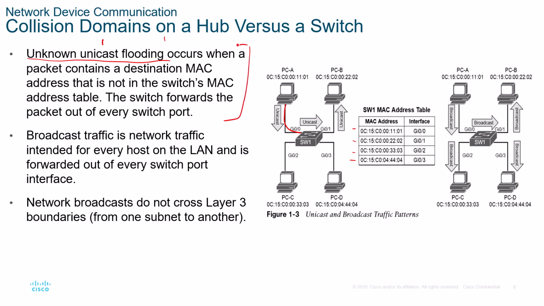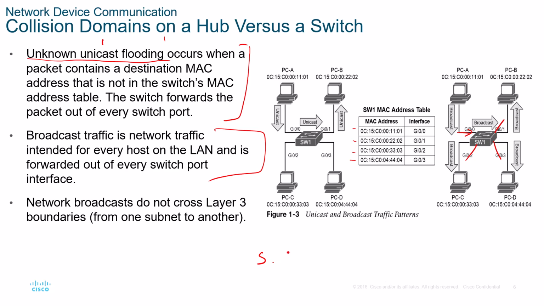That section's for unicast. For broadcasts, the broadcast traffic in the network is intended for any host and all hosts of the LAN. So the switch will receive it and then again forward it out all ports. Normally that could be a source. So we're actually going to look at this.